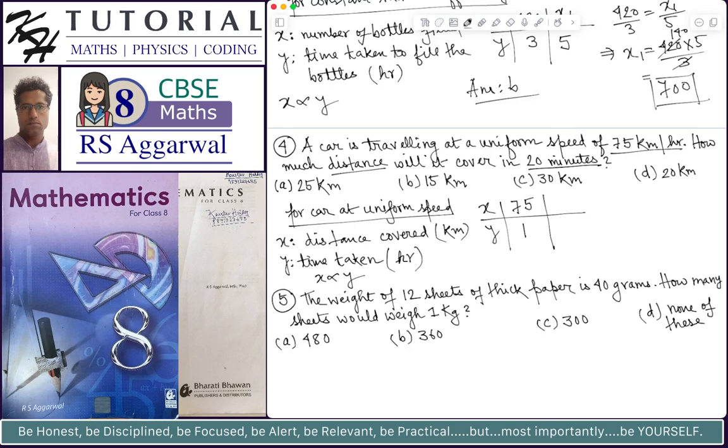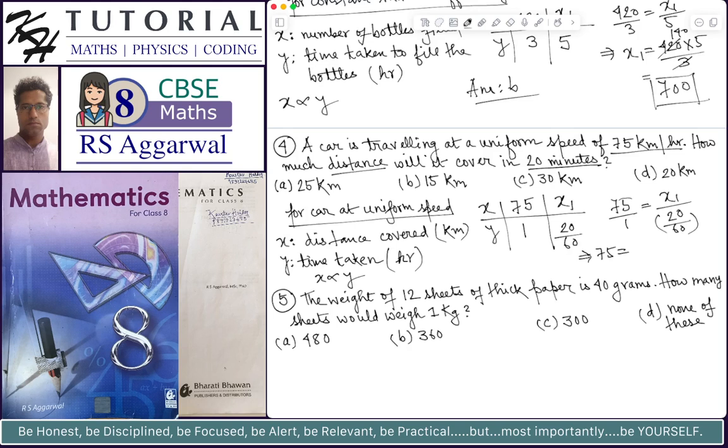Then it is asking how much distance will it cover in 20 minutes. Let's say it will cover x1 kilometer in 20 minutes. Now this 20 minutes we have to convert as hour. So 20 minutes will be 20 by 60 hour, since we have assumed that the unit of y is hour. Since x is varying directly with y, we must have 75 divided by 1 is equal to x1 divided by 20 by 60.